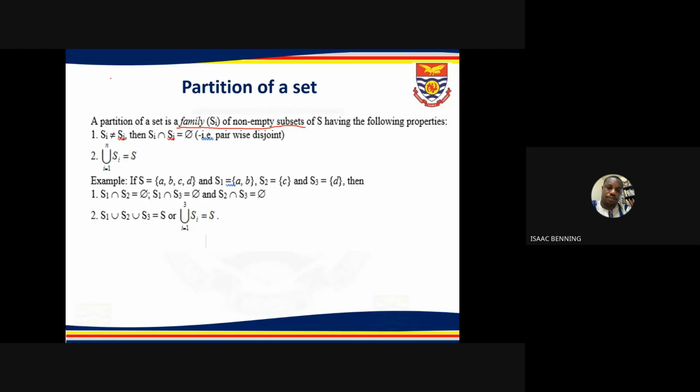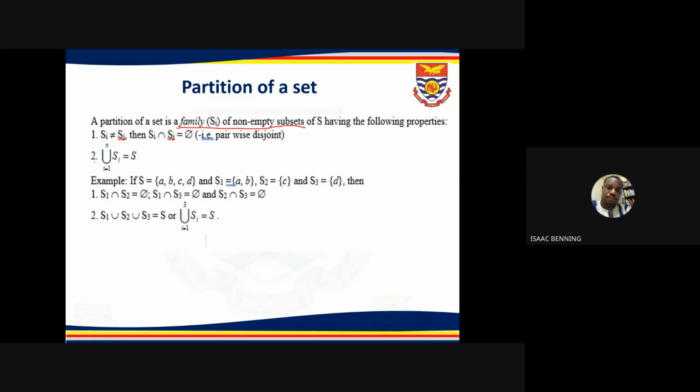And if they satisfy these two conditions, then we can say that the set has been partitioned. One, subset I should not be equal to subset J. Meaning, when you take any two subsets from a given set, they should be disjoint. They shouldn't have any intersection. And I will illustrate it very soon for you to see.